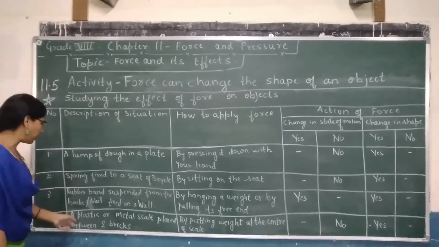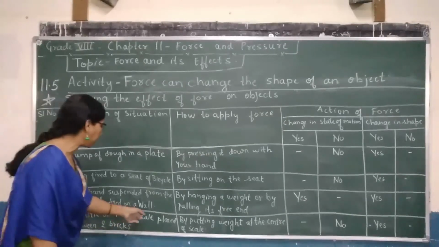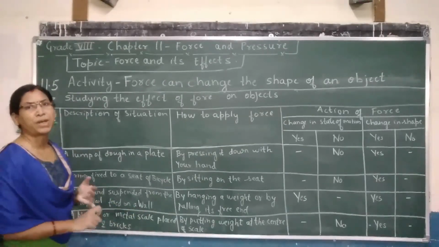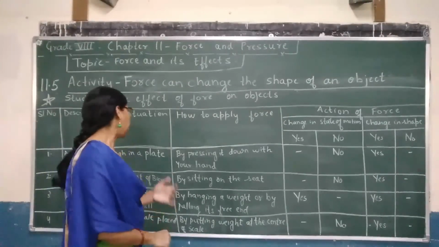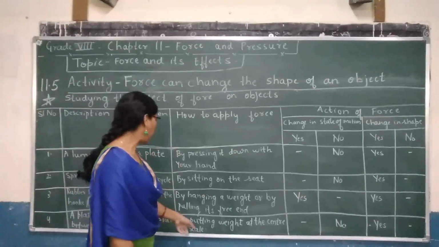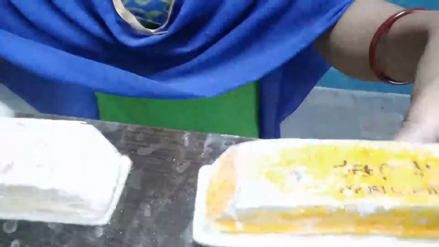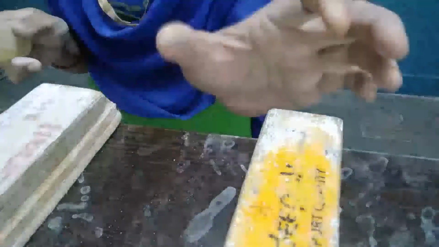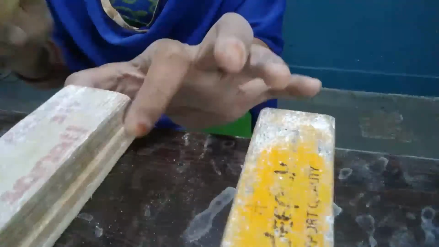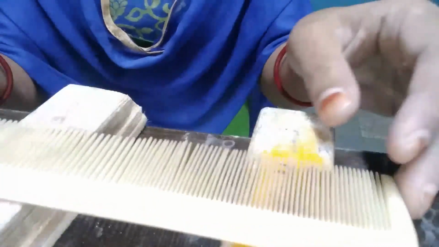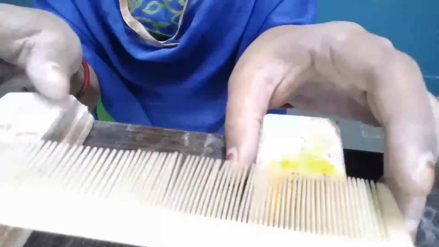In our last situation, we will take a plastic or metal scale placed between two bricks. Then, what to be done? We have to put some weight at the center of the scale. Here, I have taken two dusters and I am trying to keep one plastic comb on them.